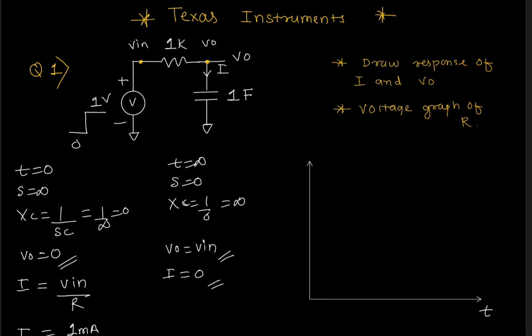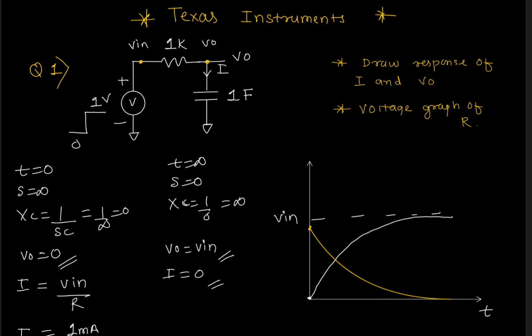It starts at 0, and with the typical RC behavior, it will go exponentially and then settle to V in. So this will be V in. Okay, and the current is 1 milliampere, so it will start from 1 milliampere and then decay down. Okay, so this is the current.